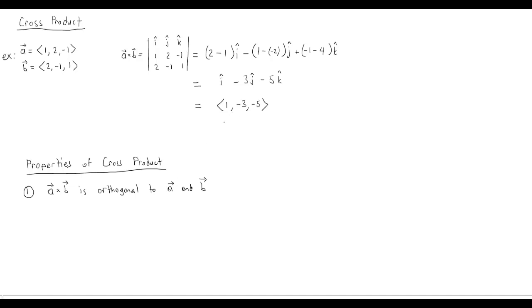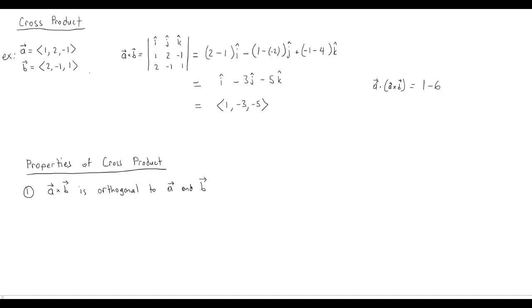So remember that two vectors are orthogonal if their dot product is equal to 0. And so if you do A dot product with A cross B over here, okay? So doing the dot product will be 1 times 1, and then plus 2 times negative 3, so minus 6.